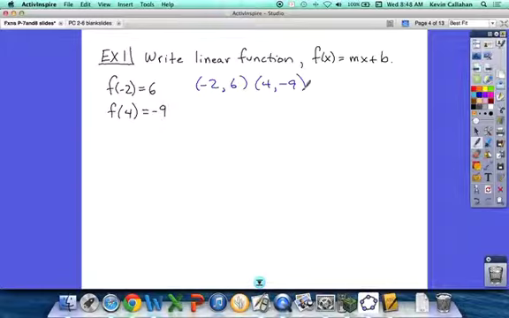So first step is calculate a slope. m equals negative 9 minus 6 over 4 minus negative 2, which is negative 15 over positive 6, which is negative 5 over 2. Okay. Once we had a slope, what did we do with the slope? Plug it in to what?